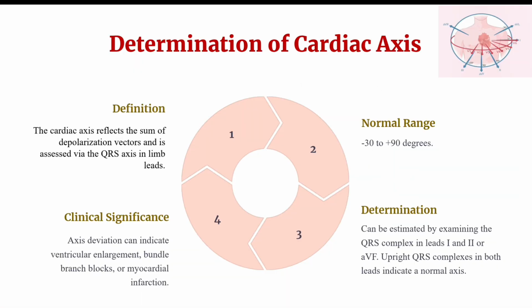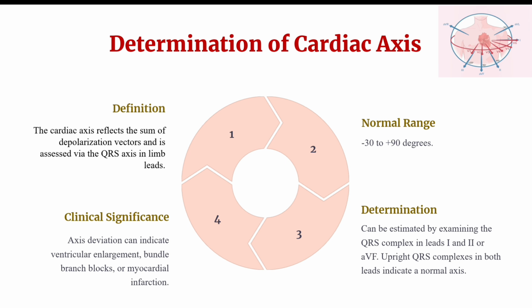Let's get started. Determination of cardiac axis, definition and clinical significance. Before we dive into the methods of axis determination, let's first understand what cardiac axis actually means. The cardiac axis represents the average direction of electrical depolarization in the ventricles. In simple terms, it shows us which direction the heart's electrical activity is flowing based on how the ventricles are activated during each heartbeat.